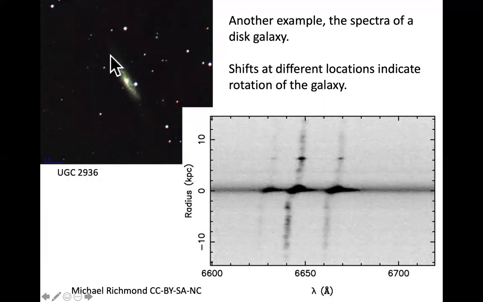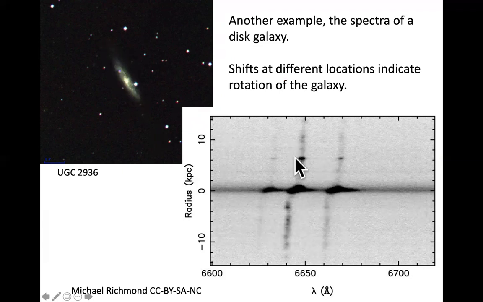It's a very nice disk. And if you take the spectra of different parts of the galaxy, you can make a plot like this. So here is the center of the galaxy. Here is the brightness versus wavelength, shown here as just darker colors or stronger signal.